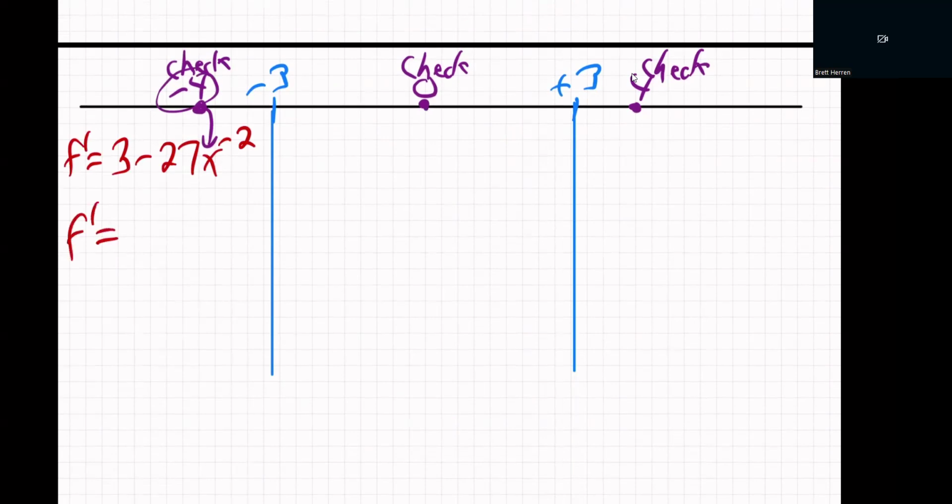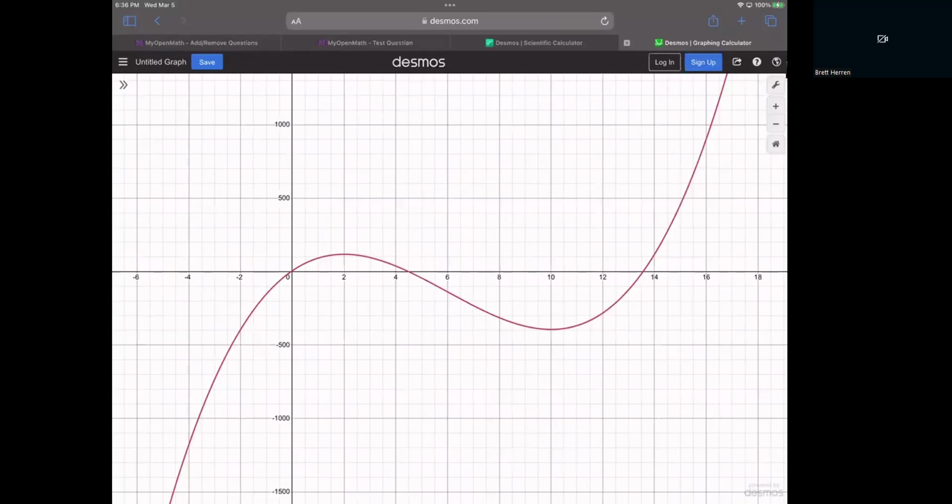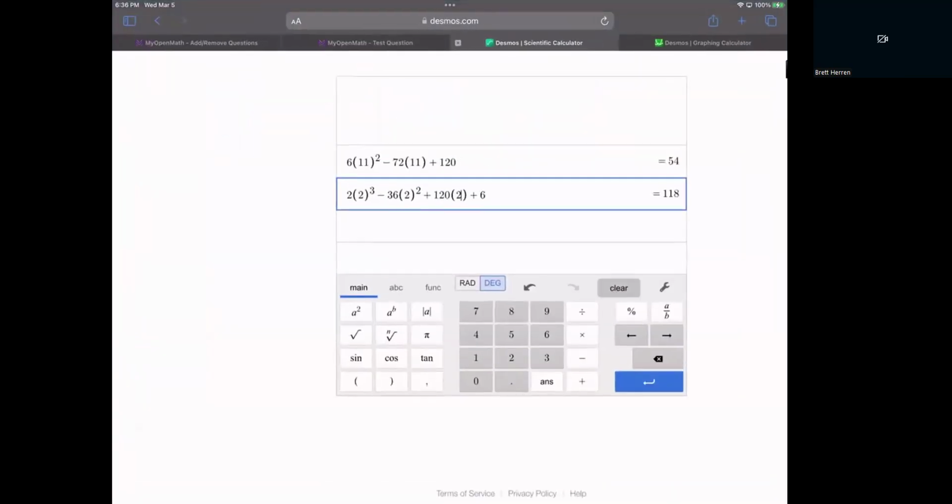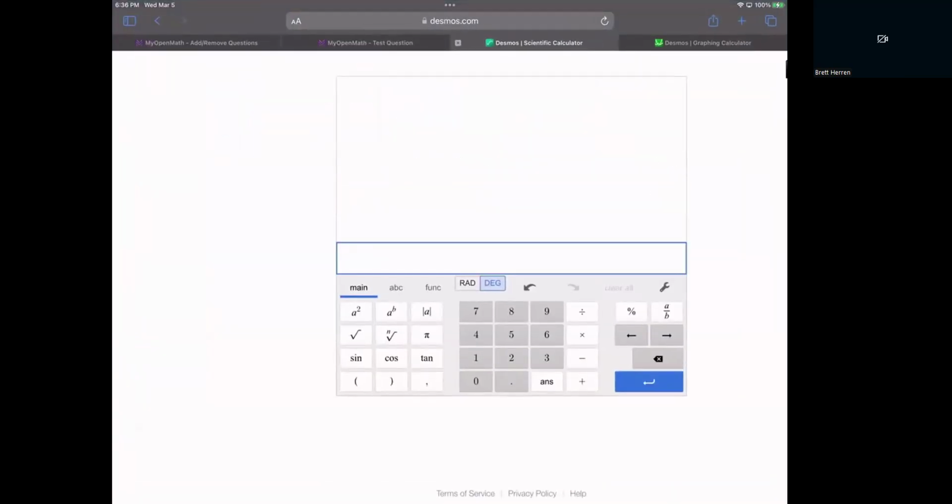So I'm going to go to Desmos: 3 minus 27, negative 4 to the negative 2.